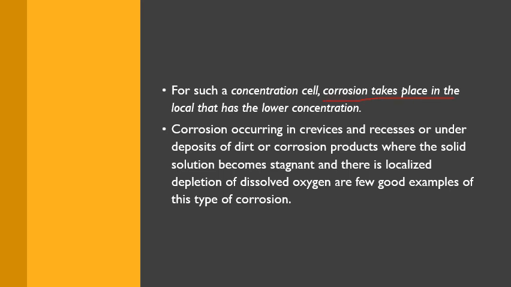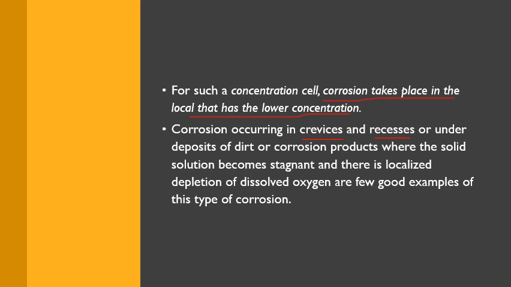Corrosion also takes place in that region where there is a low concentration of electrolytes. And corrosion also takes place in the region where there is a high concentration of electrolytes. So examples of these corrosions are corrosion occurring in crevices and recesses.